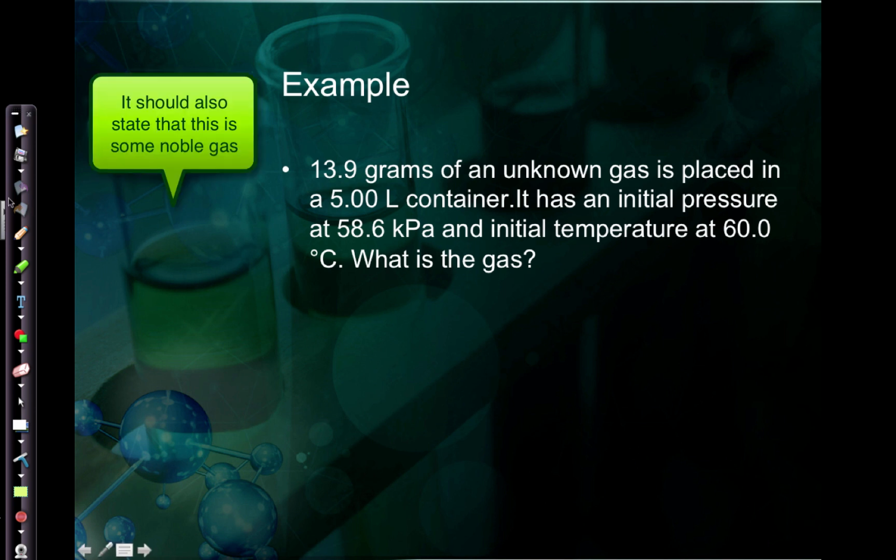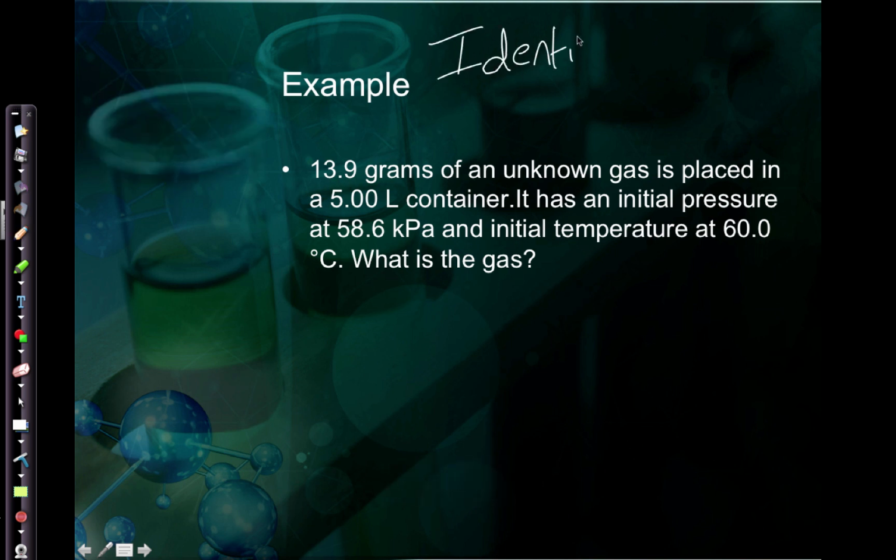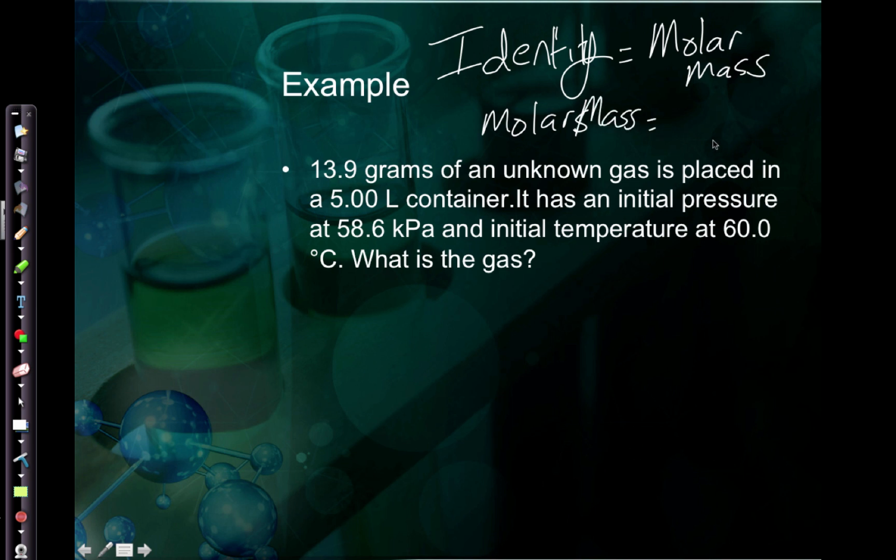Anytime we're looking for the identity of something, one way is to find out its molar mass. If you can find its molar mass, that's one way to identify a substance. So molar mass is equal to mass divided by moles. If you have the number of moles and the mass, you can figure out the molar mass. So let's pull out the information first.